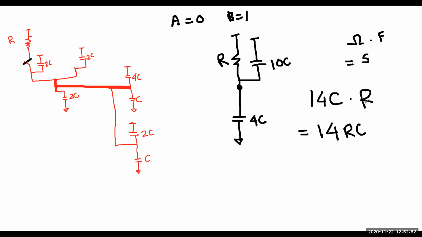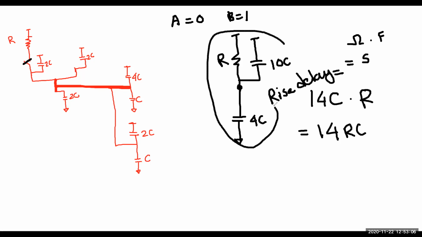Okay, this is called the rise delay. I'm going to call this rise delay. Remember, you need to come up to this point to calculate the rise delay. Otherwise, if you do not make them short, you cannot calculate this. Understood?